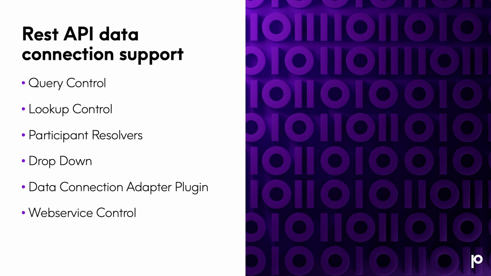We've seen some of that being applied quite well. You get a data connection adapter plugin, and you get some web service control. So there's a lot more information that you can find on precisely.com and through our support site. If you want a lot more information about what these APIs can do. Like I said, this is a very high-level overview that I just went through.